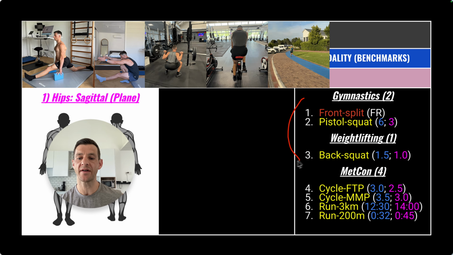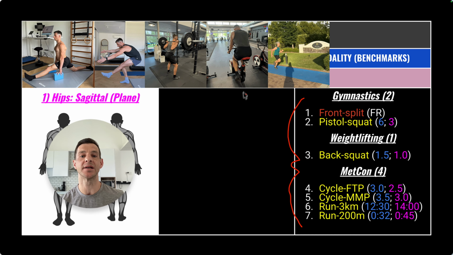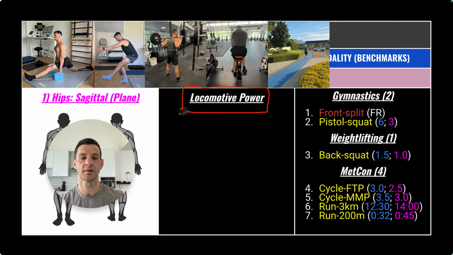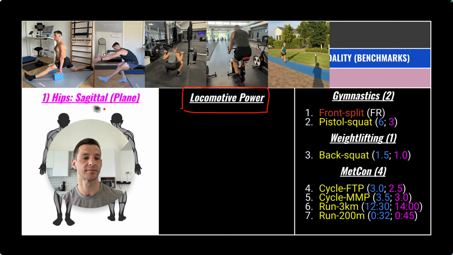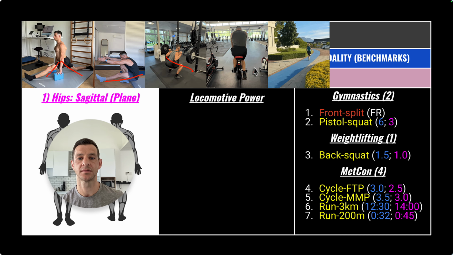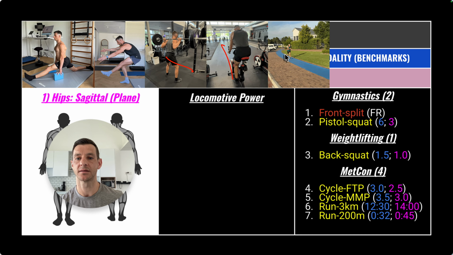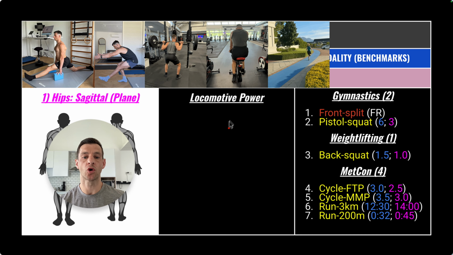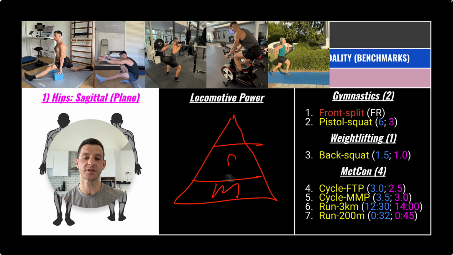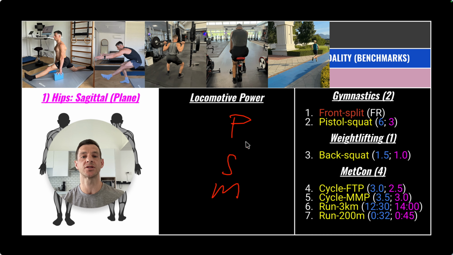And so what they all have in common is the development of locomotive power in the sagittal plane. As you can see here, here, here, here, and here. Recall my theoretical hierarchy of physical development with mobility at the bottom, stability in the middle, and power at the top.